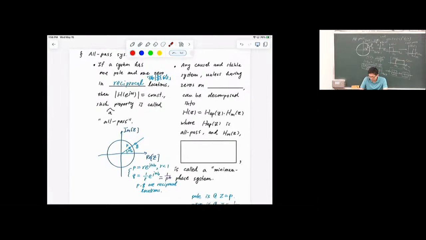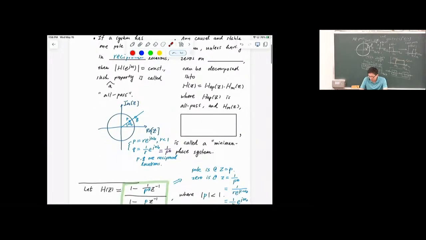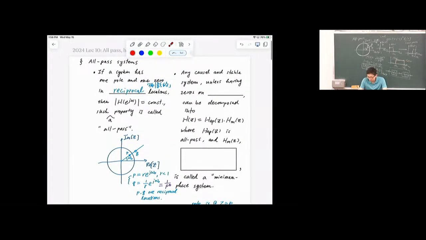This year we will not go through the details here, but I would like to simply mention, and I promise this will not show up in your test, that the textbook tells us about a possible way to make a decomposition of any causal and stable system.